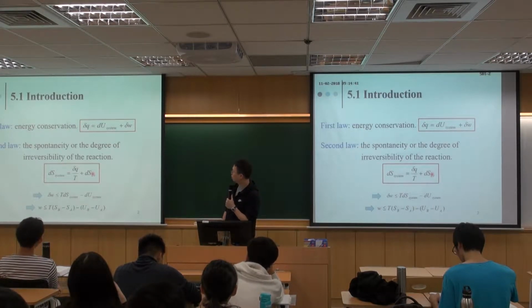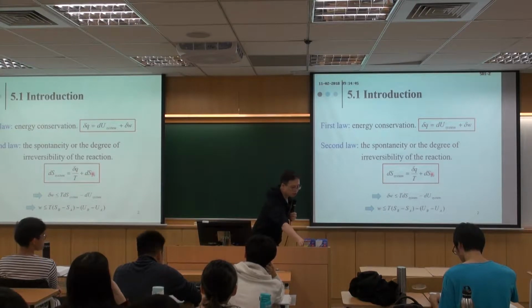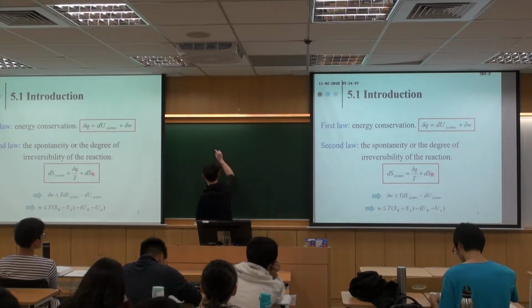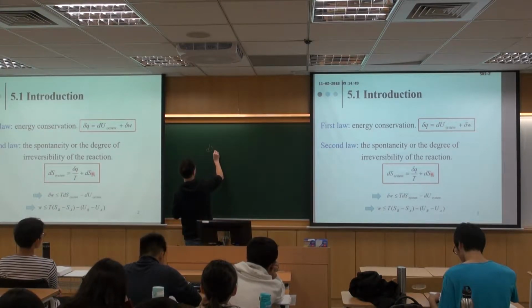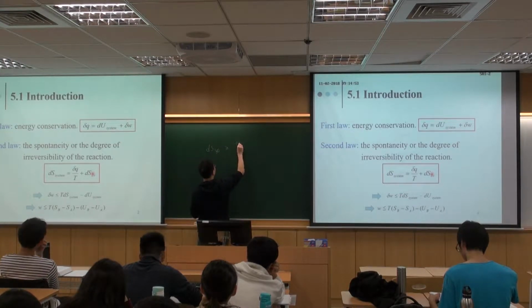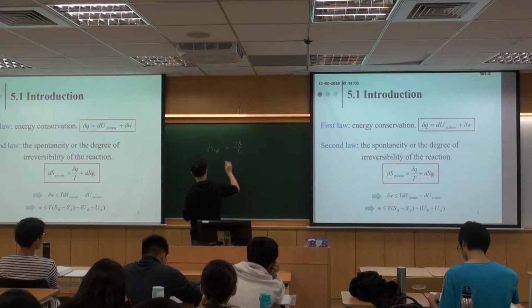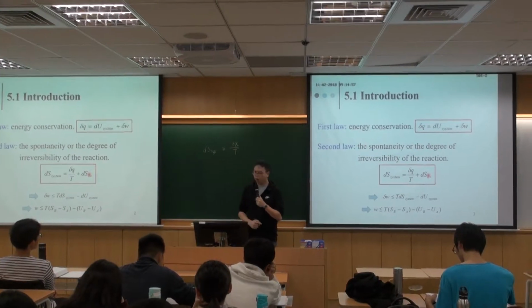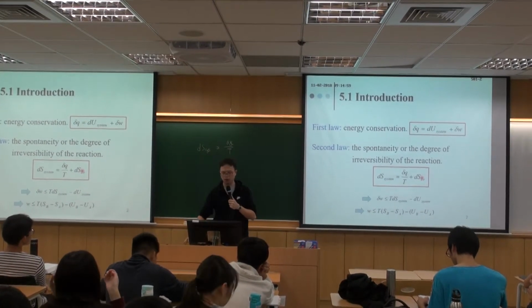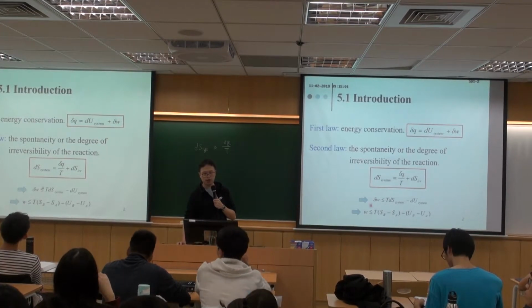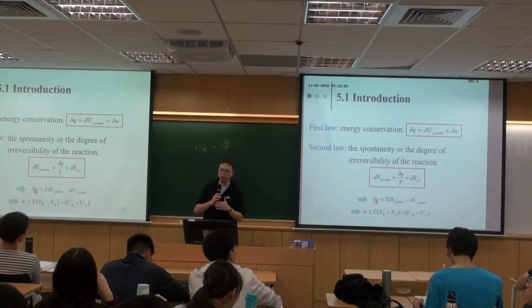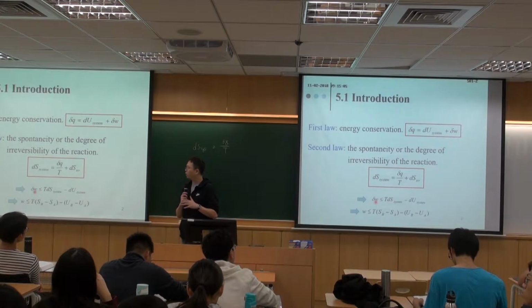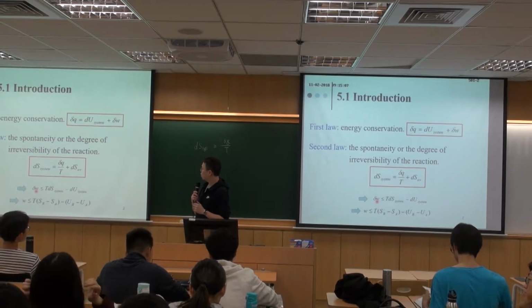So it means that the dS system is, I think we've already gone through this several times, you can say this is greater than this. Therefore, if you combine these two, you'll see that the change of work is actually less than TdS system minus dU of the system. Okay?